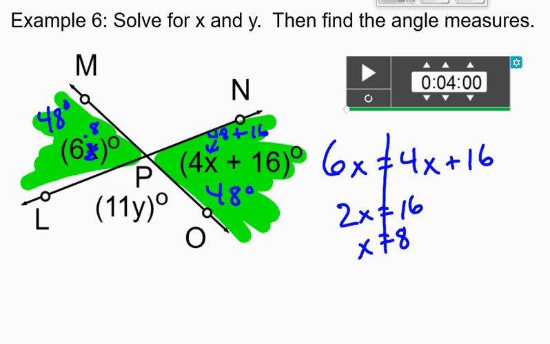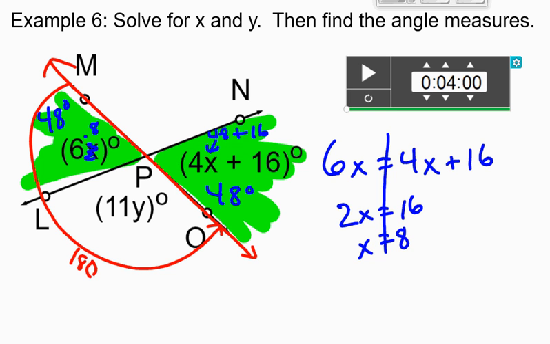All right, so now I need to figure out how I am going to solve for y. Well, if this angle is 48, and that whole angle, because this is a line, has to be 180 degrees, I could say, well, then this angle must be 180 minus 48, which is 132.